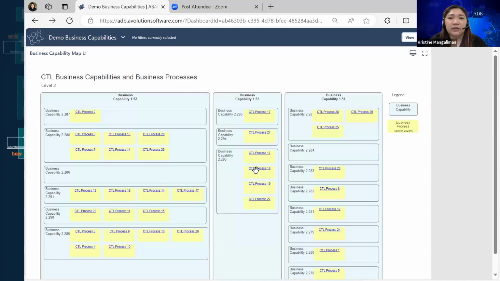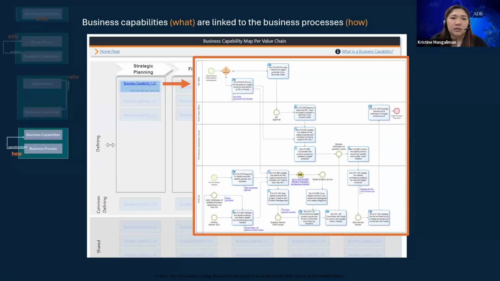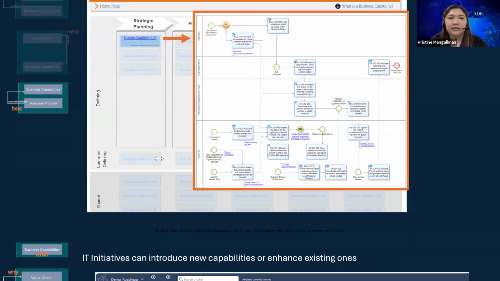By sharing this with the departments, anyone from ADB can come in and view and even see the relationship of their processes to the other departments' processes, so that you know that what you're performing is all part of the organization's objective. That's the part for process.